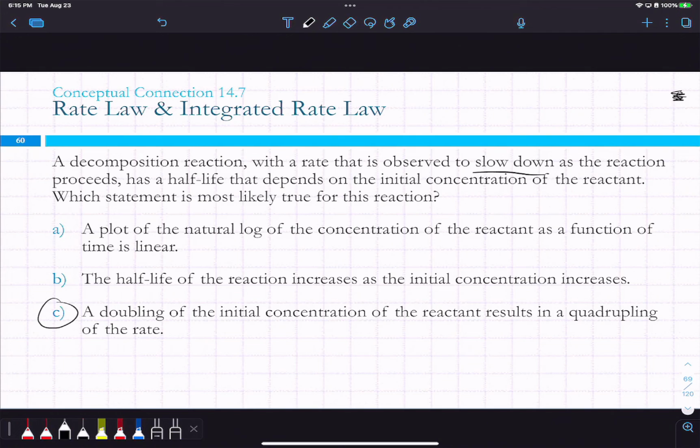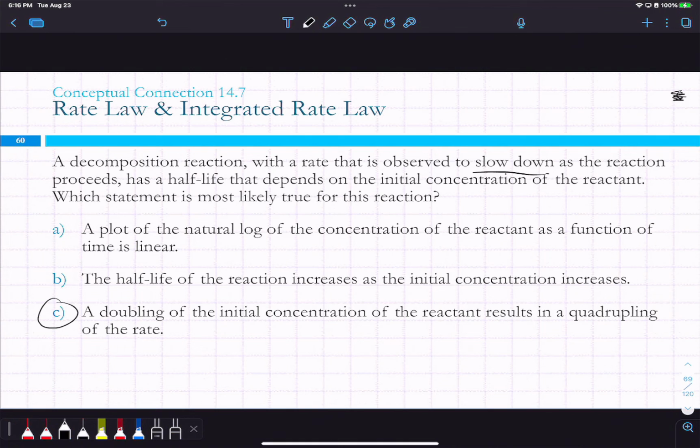Oh yeah, there's one. So what if the rate slowed down as the reaction proceeded, but the half-life did not depend on the initial concentration?